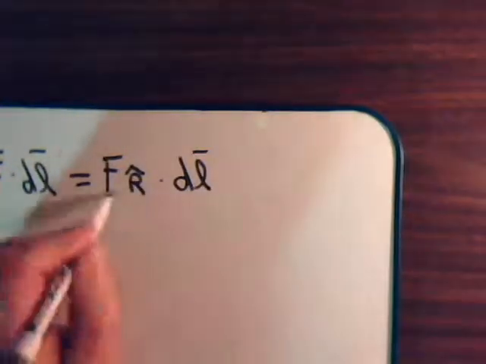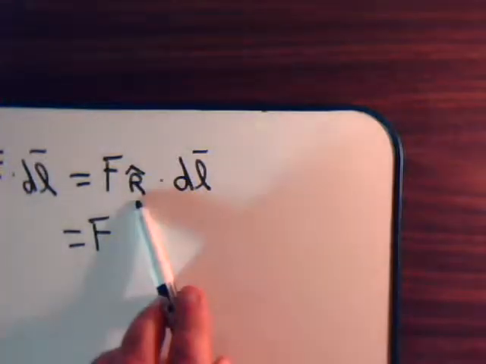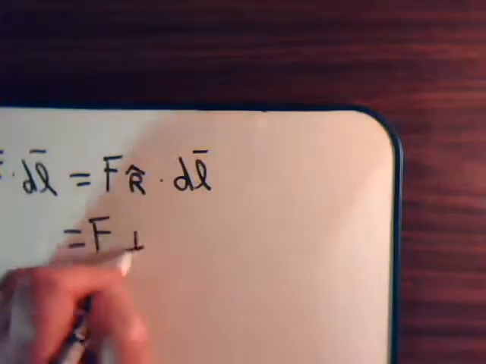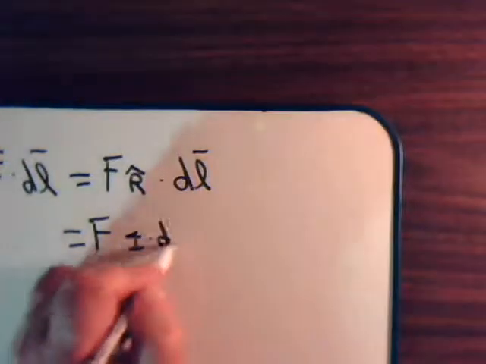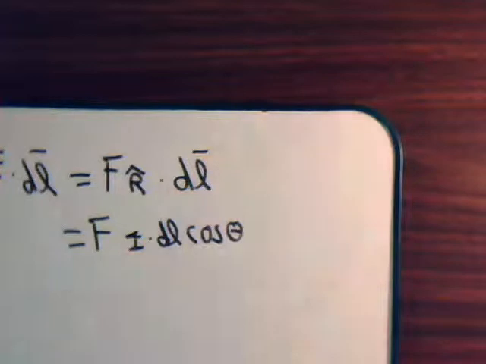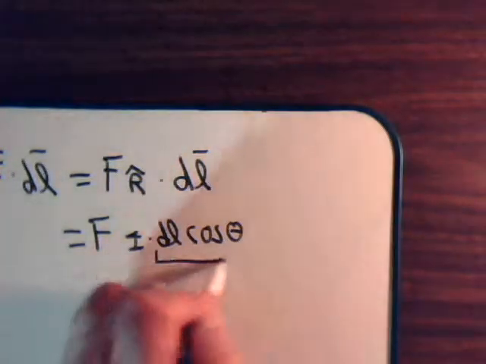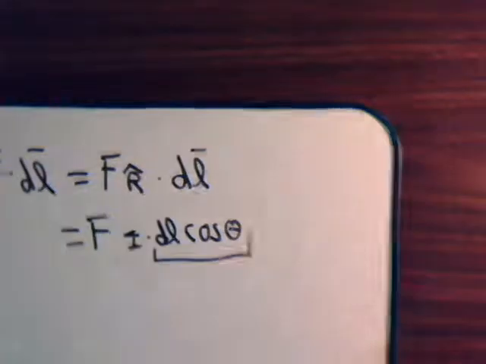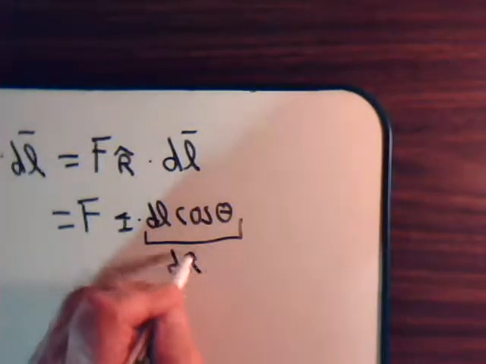And that will equal just the magnitude of this. The magnitude of this unit vector, of course, is just 1. That's just dl times the cosine of theta. But here's what we want to show, that dl times the cosine of theta is the same thing as dr.